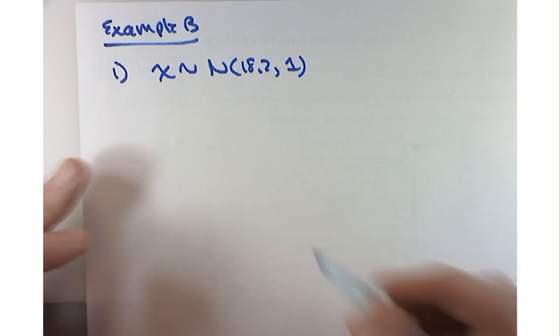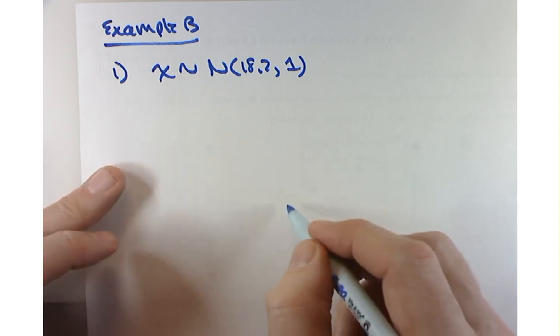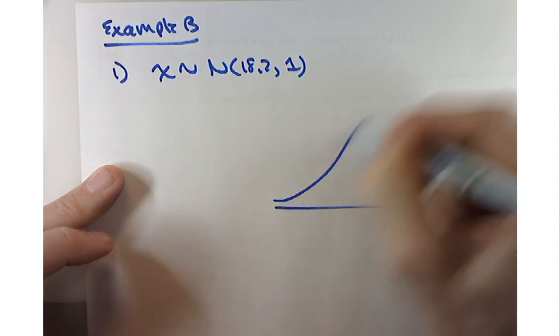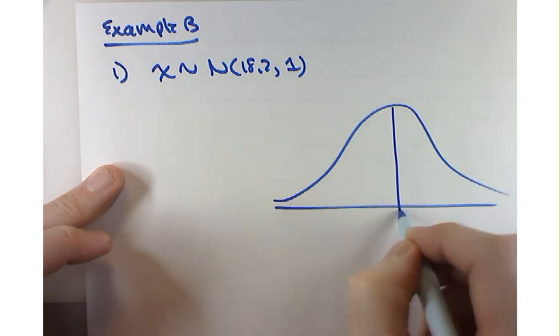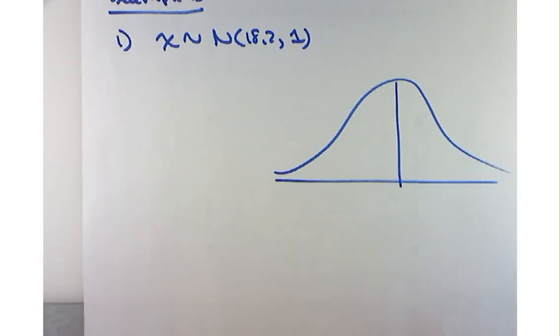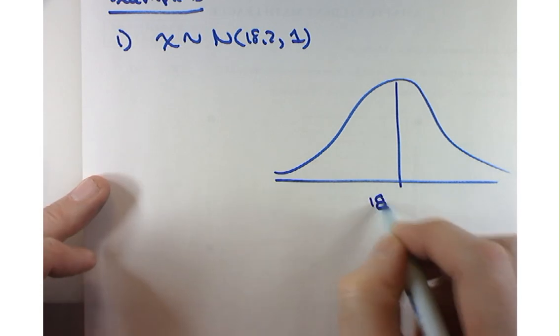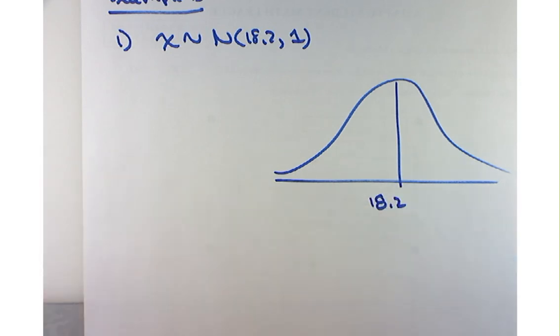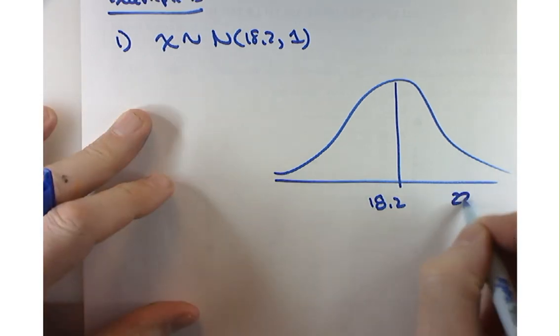Let's draw our distribution here. What shall I label my center line with? 18.2. How big were manhole covers, did they say? 22 inches. So let's draw ourselves 22 down here.